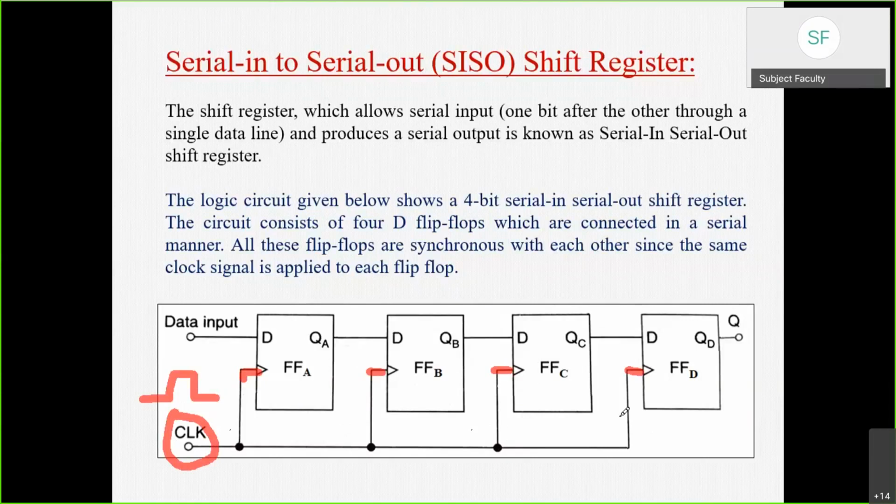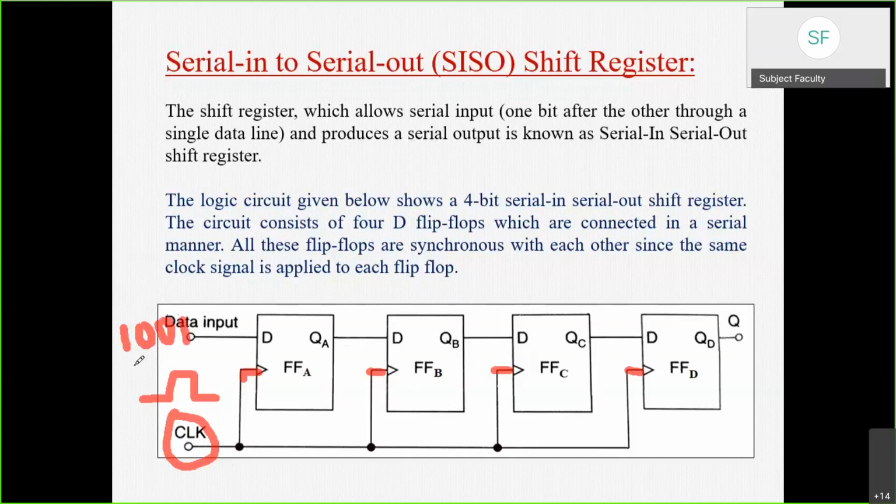Then again, data input is given at the input of the first flip-flop. That is, whatever your sequence is. Just for the sake of understanding, suppose our sequence is 1001.